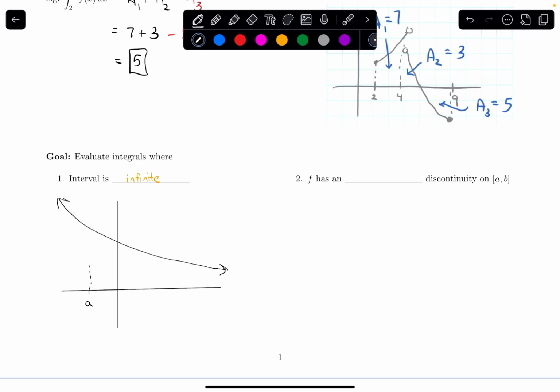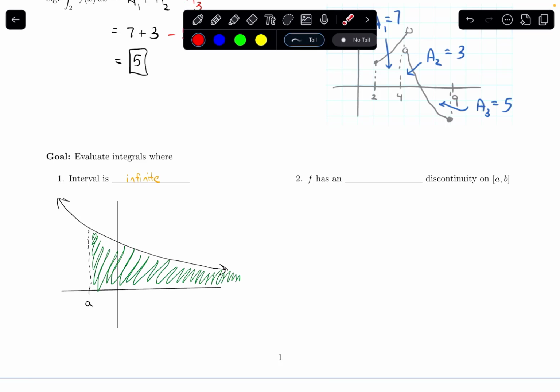I want to know what the area is starting at a, but then going all the way out to infinity here. So if we shade that in, that region extends infinitely far this way. So it might seem like at first glance, isn't that just going to be infinite? But as we'll see when we work out some examples, sometimes this area can be finite, which is a little weird, but we'll see that when we get to some examples, and we'll talk about what that means.